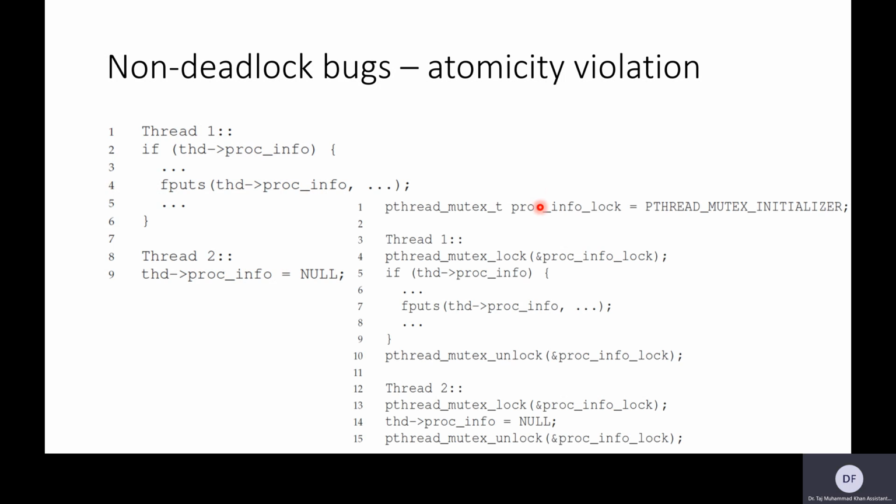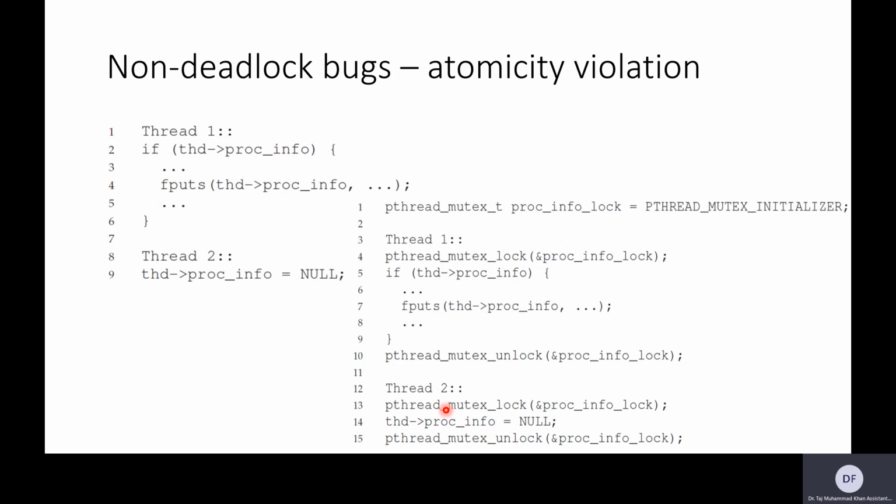So here is an implementation in which we control access to this thread->proc_info using this lock. This access to the pointer is controlled by this lock in thread 1, and the same access to this pointer is controlled by the same lock in thread number 2.